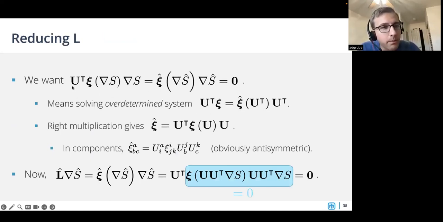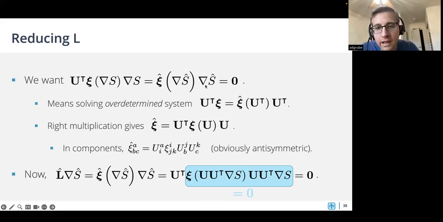So what I want is that this left-hand side, which I get from a naive Galerkin projection, so essentially U transpose times now C grad S, is L grad S. So I want that to be some reduced C times 2 copies of grad S hat. Well, how do I do that?